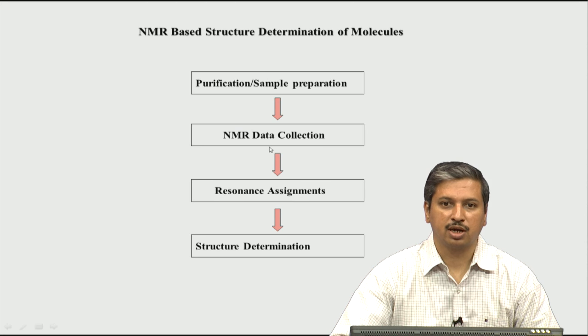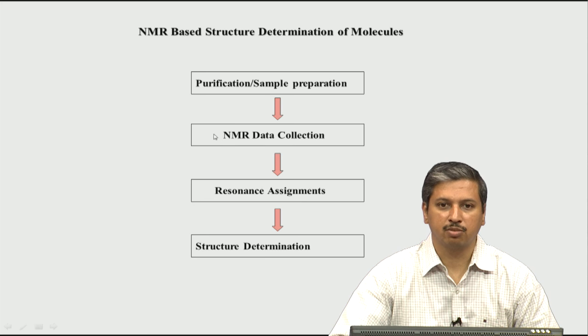So, you put the sample in the magnet, and then we record a series of NMR data. This is typically 1D NMR, 2D NMR, and in case of biomolecules like proteins, 3D NMR, but we will restrict in this course only to 1D and 2D.